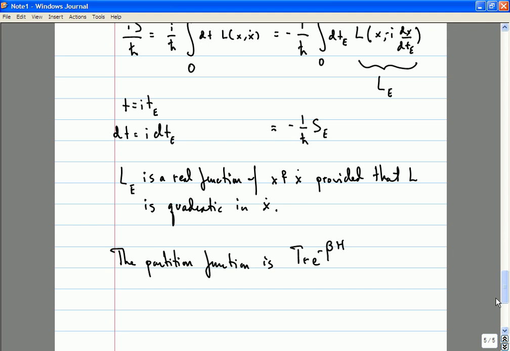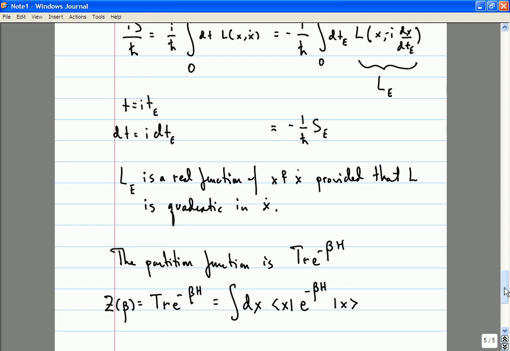So Z of beta is the trace of e to the minus beta H, or the integral dx of the matrix elements of the density operator along the diagonal.